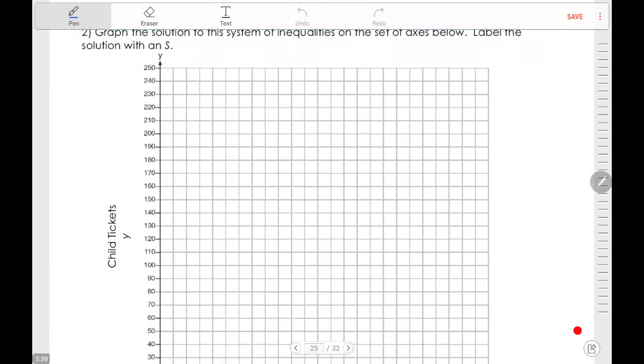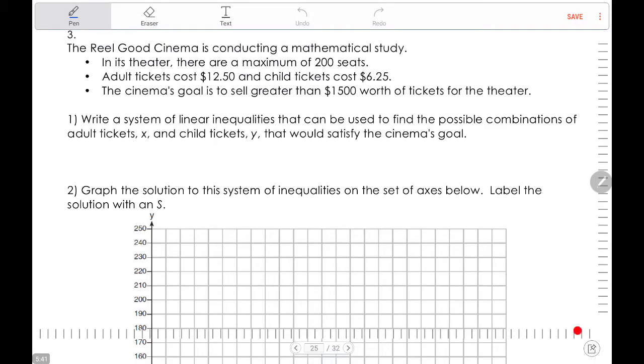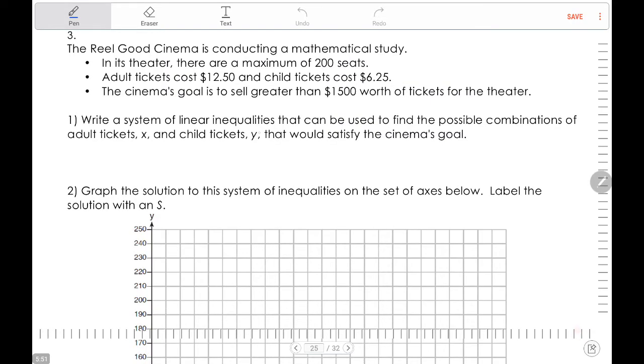Last but not least, writing a system of inequalities. That's the same thing as a 3 by 6 table. There's not a ton of space here, so I'm just going to go ahead and try to squeeze it in.